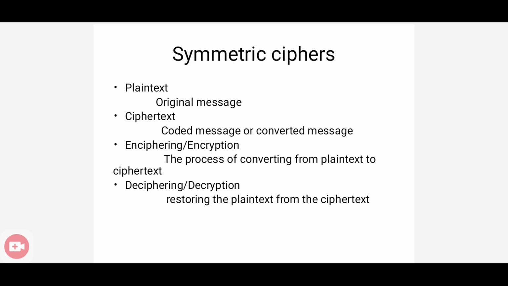Consider an example. We have a user A and a user B. User A wants to send some data to user B. That data is sensitive information, so it should be hidden. How do we hide it? We can use some cryptographic mechanism. The original message or secret information that user A wants to send is the plain text.